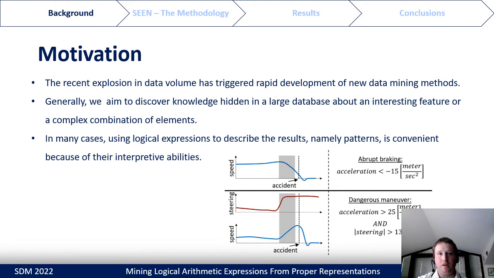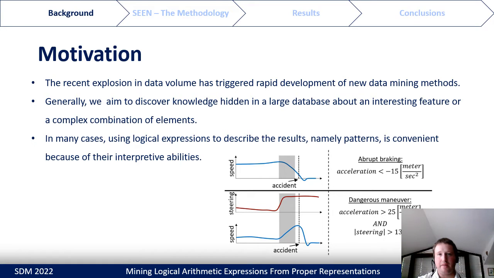For example, a stream originating from a vehicle sensor set may include patterns which are identified with abrupt braking. Here, the variable that represents the acceleration of the vehicle participates in a condition. Additionally, this stream could contain another pattern that is identified with dangerous maneuver of the vehicle.